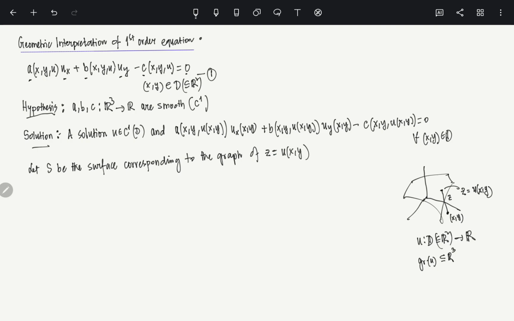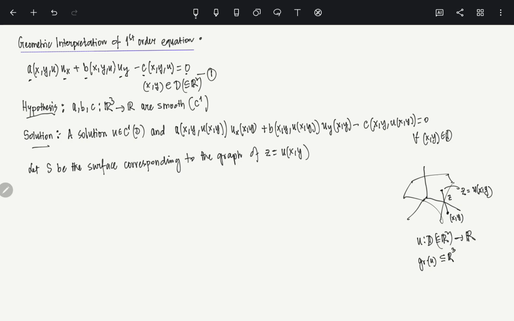We need to find u, right? And u is from R2 to R. So essentially, the graph of the function will lie in R3. Yes, so that is basically nothing but a surface. Any point on that surface is given by (x, y, z), where z is u(x, y), right? Yeah, that is clear.